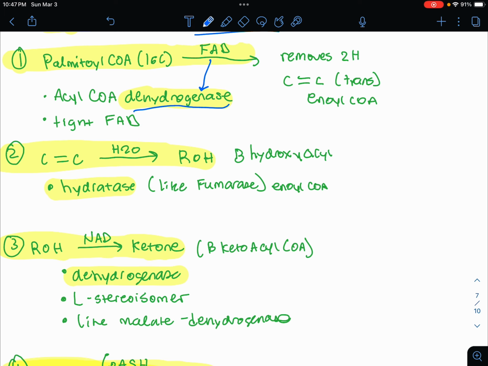Then you're going to remove 2 hydrogens, and you're going to form this carbon-carbon double bond that's trans. In this specific instance, this is known as the enoyl-CoA. And then, of course, you're going to be making FADH2 here, because with the dehydrogenase, the hydrogen is going to go to the FAD.